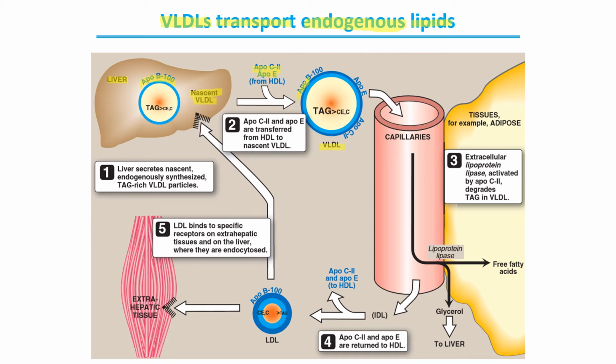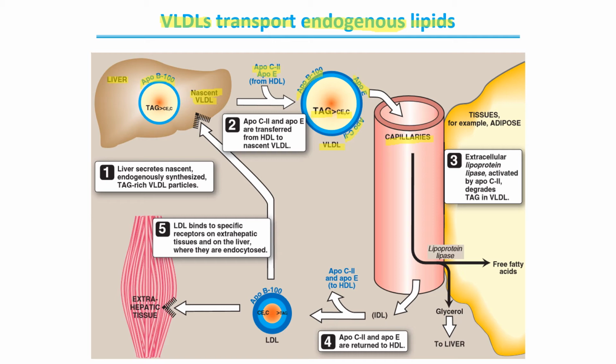Now it has got three proteins outside, the B100, ApoE and ApoC2. And again the composition is the same, highest in TAGs, then cholesterol esters and cholesterol in low quantity. Then it goes into the bloodstream like capillaries, and the same thing again happens.